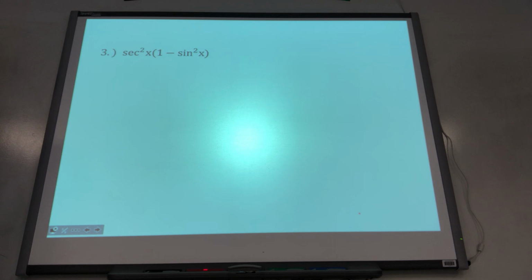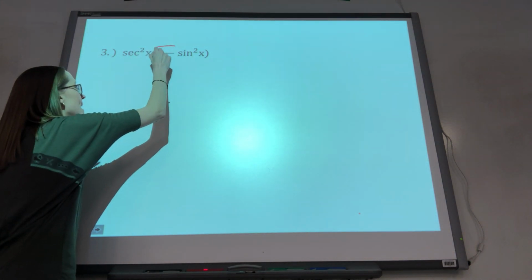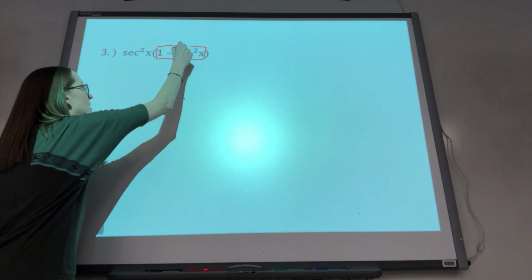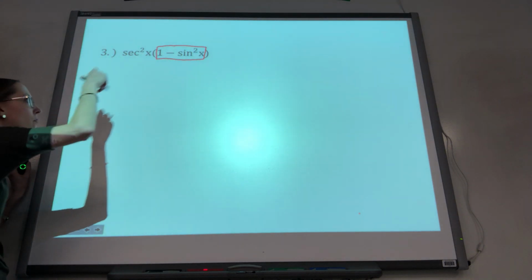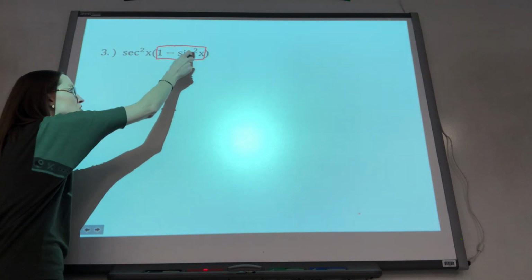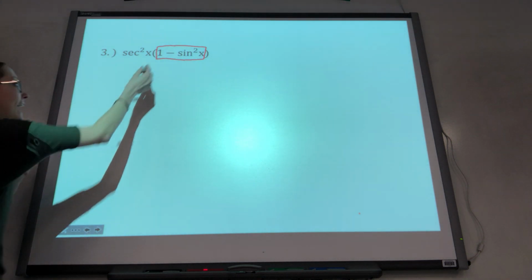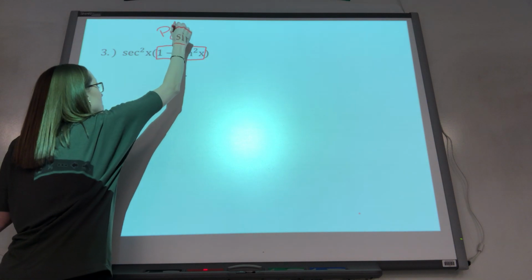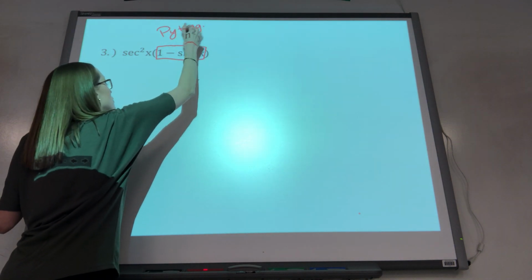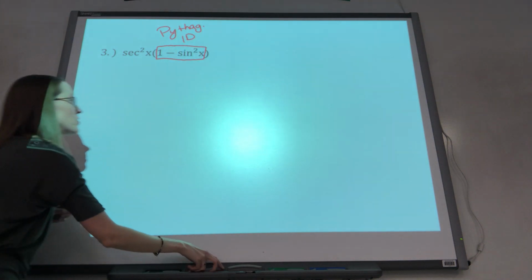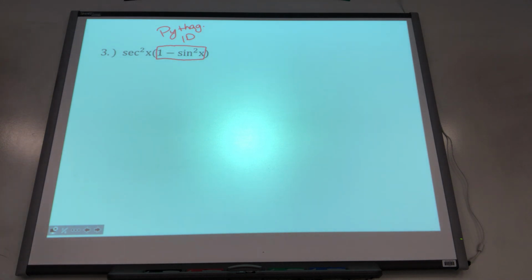It could work eventually, but what I'm noticing right here is kind of what I noticed on the last problem. There's a trig function squared and a minus sign and a 1. So I'm going to try and match that up to a Pythagorean identity.